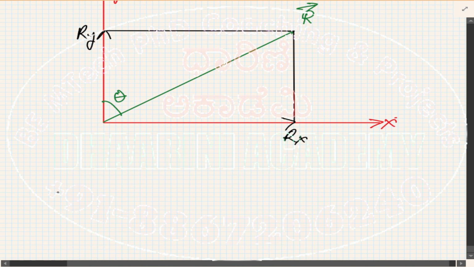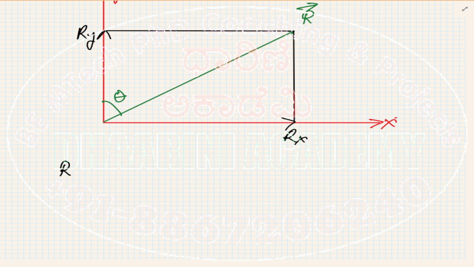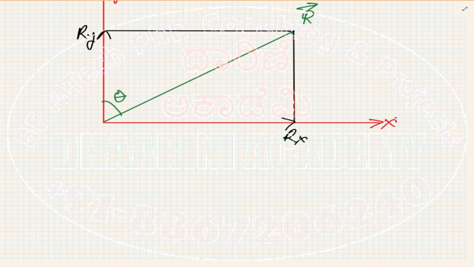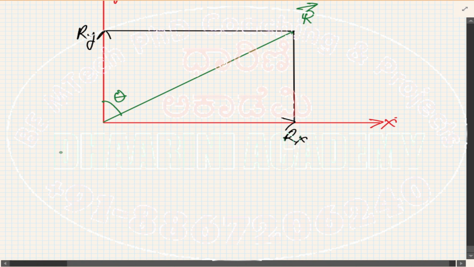Now if you want to find r, let me write the cos theta now, like we did earlier. Now the cos theta, as per the equation, is the adjacent divided by hypotenuse.